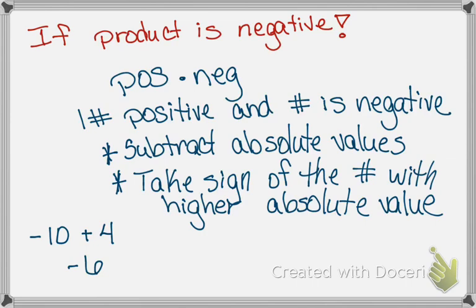Now remember, I told you that we are working backwards. Factoring is working backwards. So we are going to be given the product, or you're going to identify the product. You have to look a little bit. Then you're going to identify the sum, and then you're going to figure out the numbers.